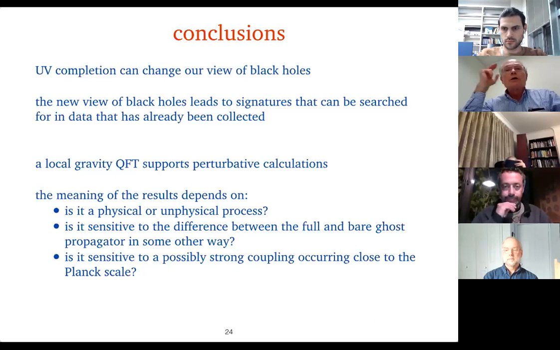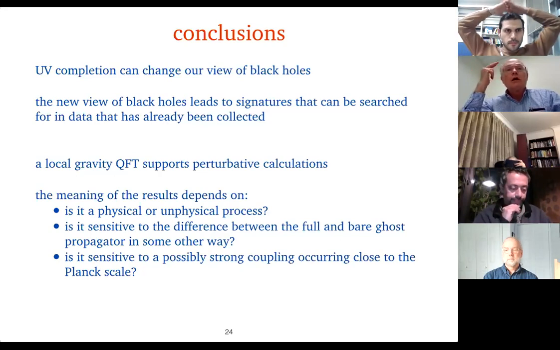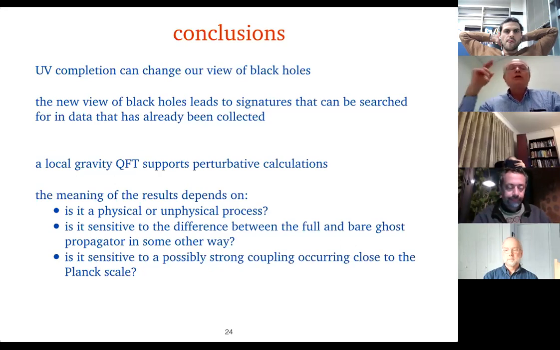The reason why is because the spectrum of particles is just completely different, and the classical theory that you did these black hole solutions in is unstable, suffers from the Ostrogradskian instability. So it seems to me like there's just a big disconnect there. Please respond to that.